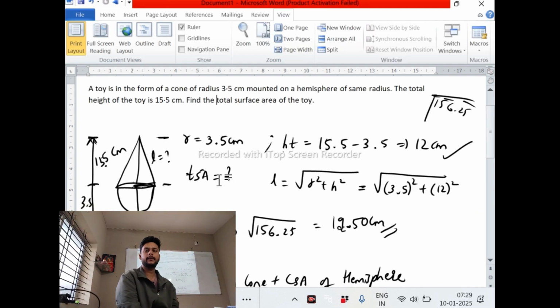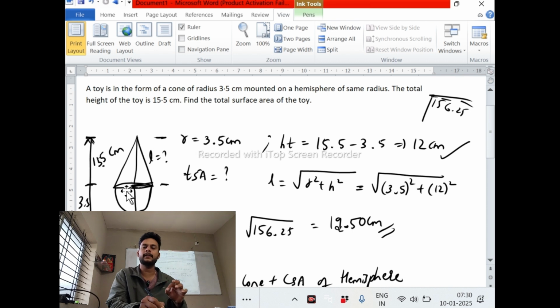She's asking me why we took CSA. Because they have told us to find the total surface area of the toy. Are we considering what is on the inner side? Am I considering the bottom layer of that cone? Am I considering the above layer of that hemisphere?